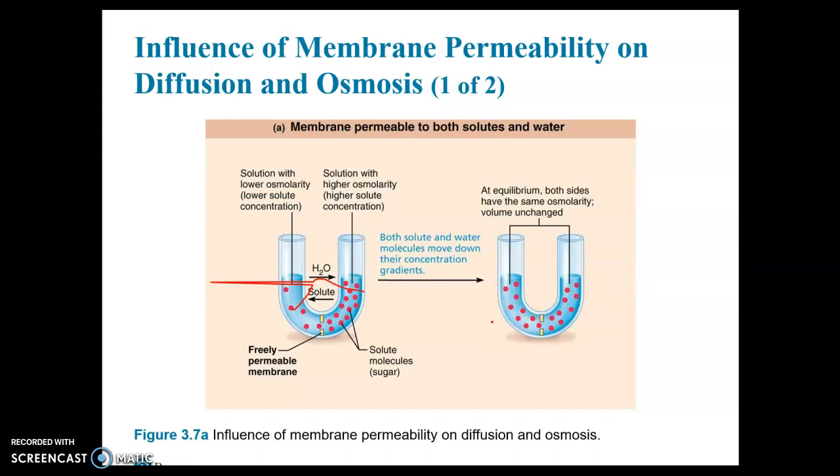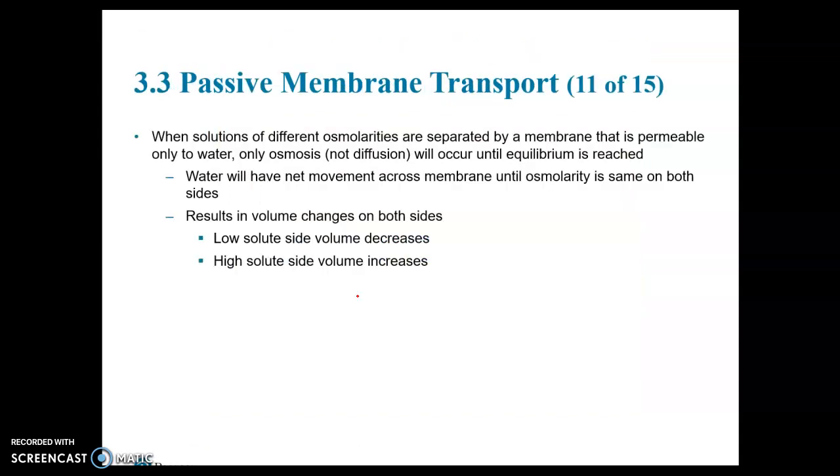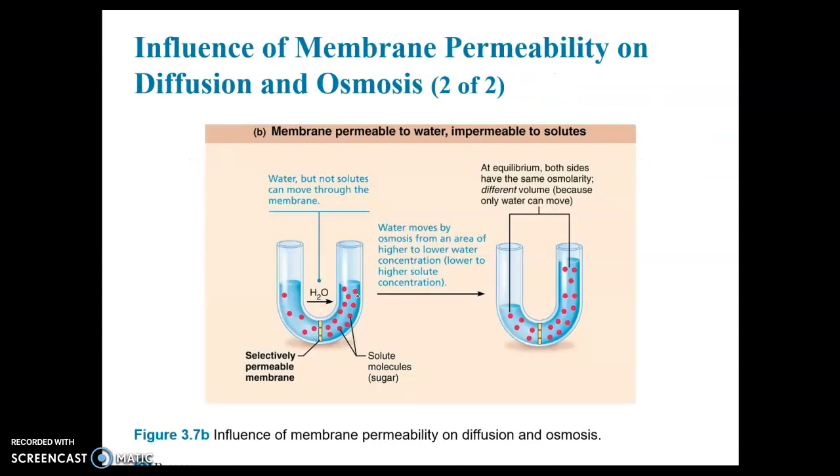But if the sugar couldn't pass across, the water would move into the right side. It would move toward the higher solute concentration to basically try and dilute it until it reaches equilibrium with the left side. So now we can see a situation like that happen.